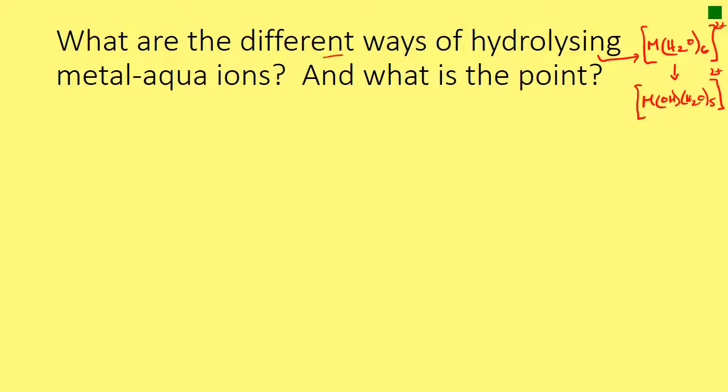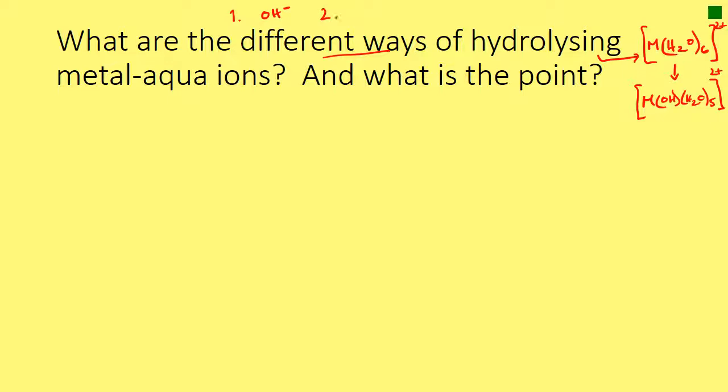Now the different ways, there are 3 different ways that we can facilitate this. In addition to the bit of hydrolyzing that goes on just when the metal compound dissolves, a little bit of hydrolysis happens when it dissolves anyway, but these are 3 supplementary ways of more hydrolyzation of metal aqua ions, and the first way we're going to look at is by just adding hydroxide ions.